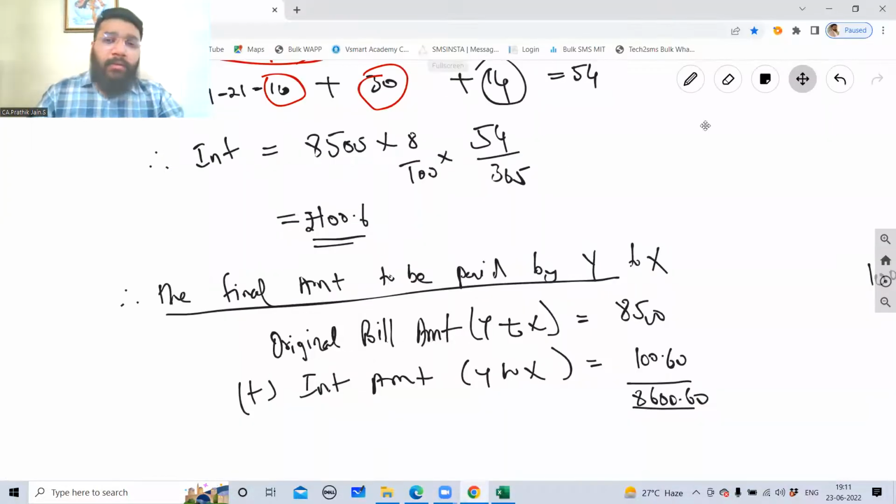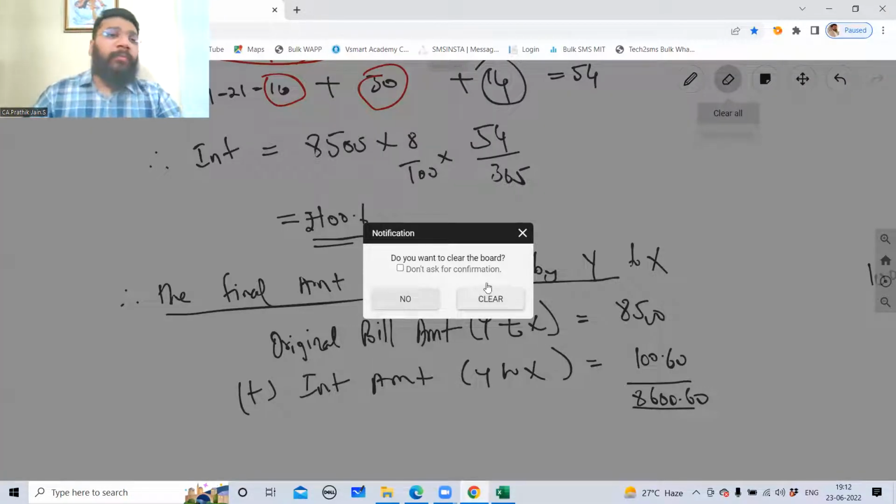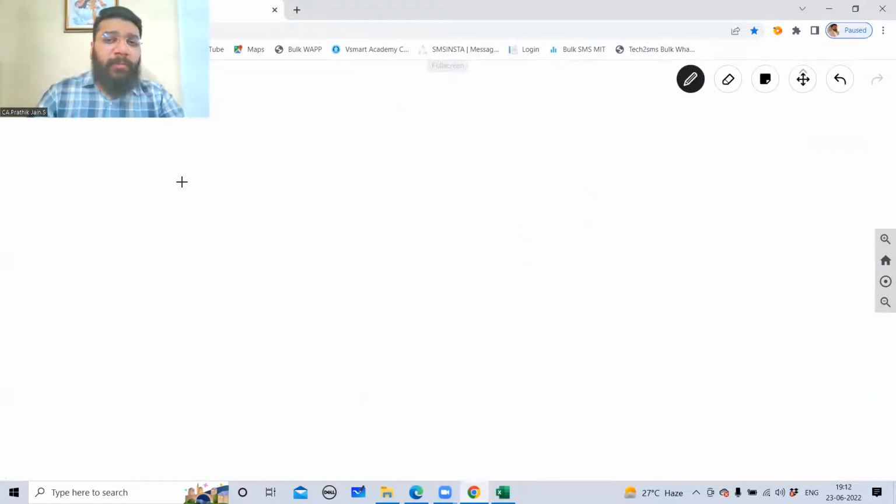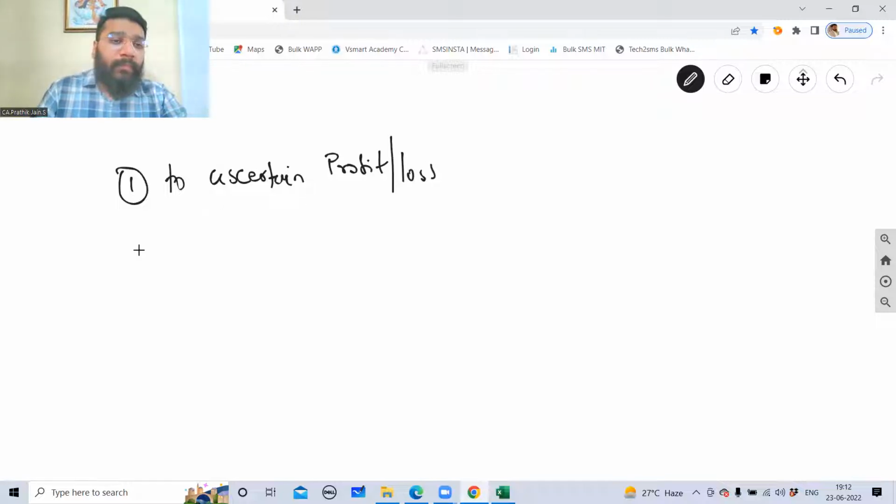So before I go forward, guys, please tell me what is the primary motto of preparing the accounts? What is the primary purpose of preparing the accounts? Profit or loss, yeah. The profit or loss and to ascertain the financial position.